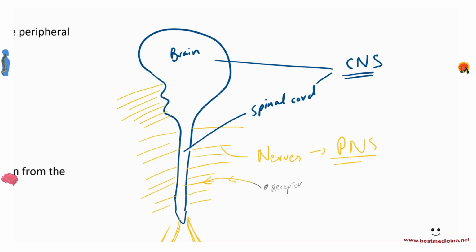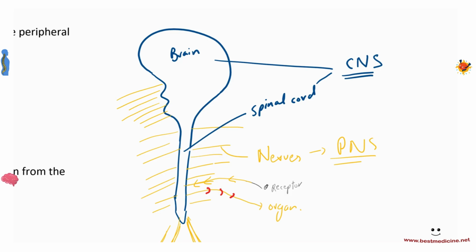And that information is received by the CNS, and then it's interpreted there. A response could be generated, and then that response is delivered to a target organ, an effector, again through nerves. So nerves are involved purely in carrying information away from receptors or towards effector organs.